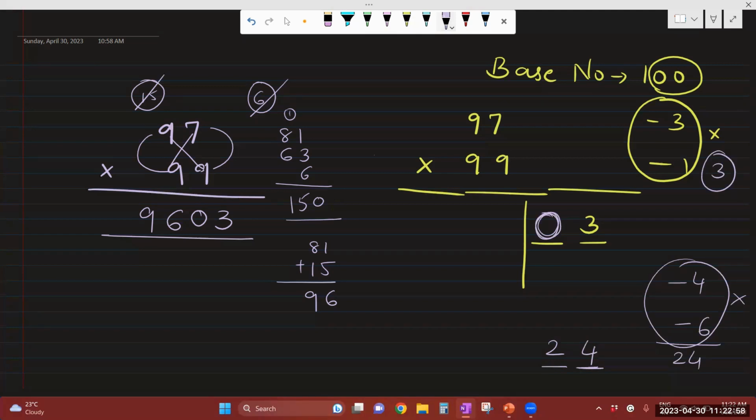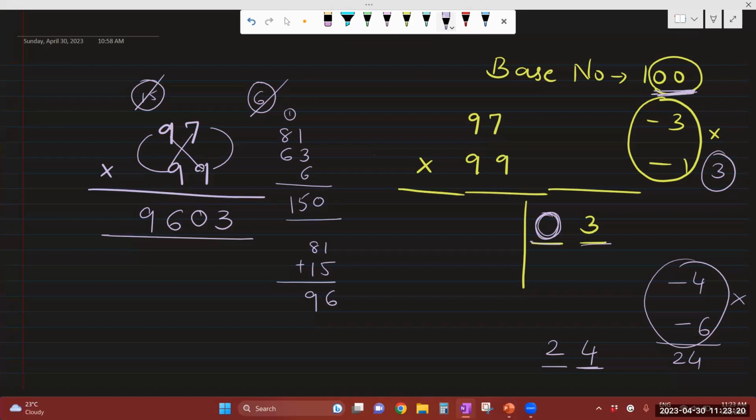That is why we include this as a separate step, so that you don't make any mistake. So the number of zeros in your base number is the number of blanks you put. Then multiply -3 and -1, write down the value, and whatever blanks are left empty, put 0 in them.